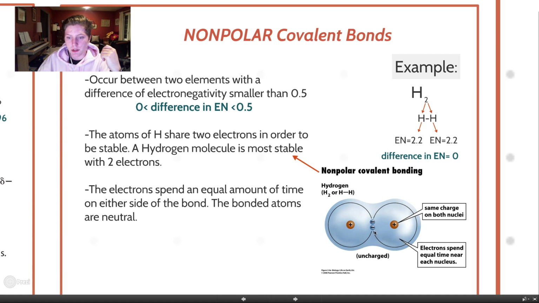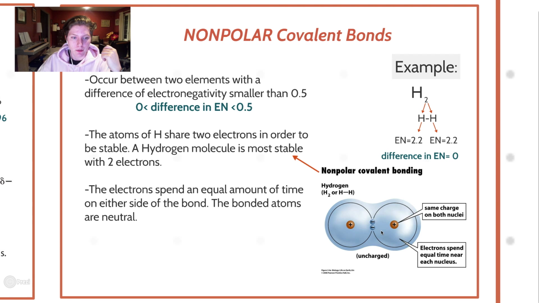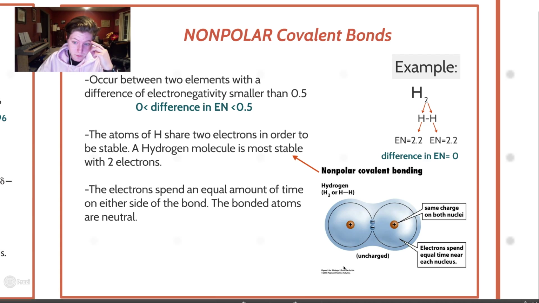And they each give an electron, and they have two. So if you remember the Hofbrinkel, you'll see that it's always H2, and that's because in order to be stable, they need to have two electrons, which is what happens when there's a nonpolar covalent bond. The electrons will spend an equal amount of time on either side of the bond, and the bonded atoms will be neutral.